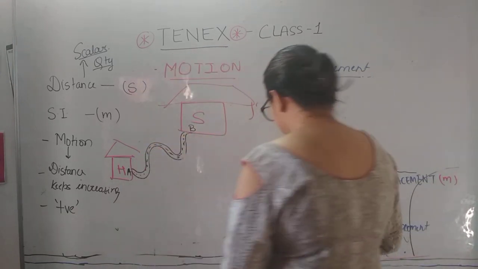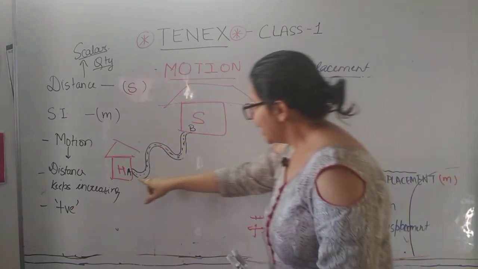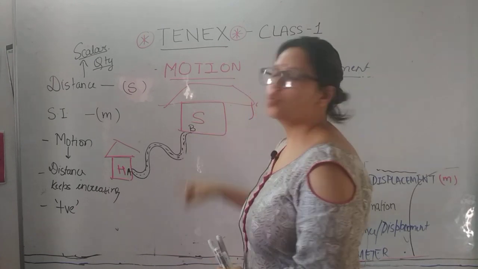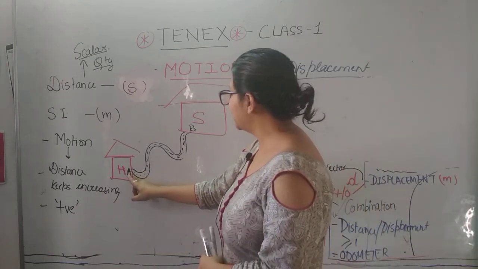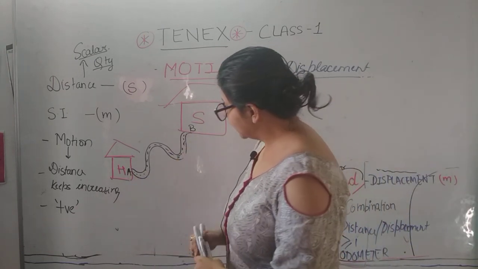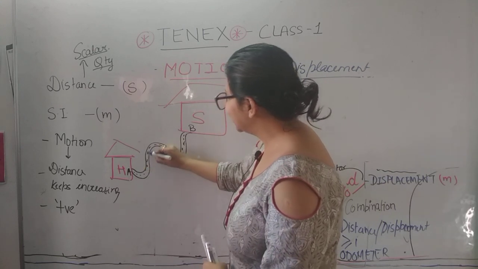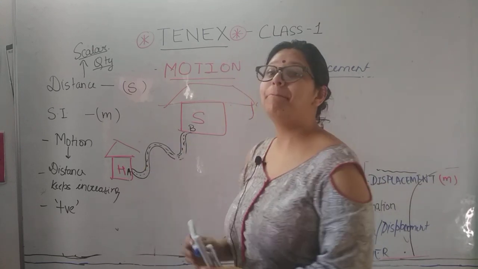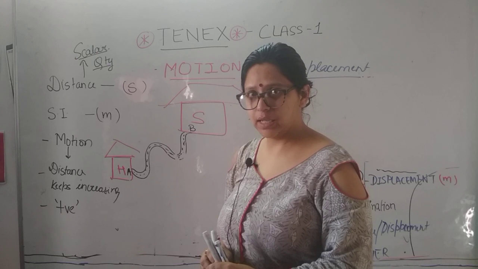Okay guys, so मैं अपने होम से अपने स्कूल जाती हूँ. That means I travel from A to B. The distance that I cover is the exact length of the actual path that I take. ठीक है.